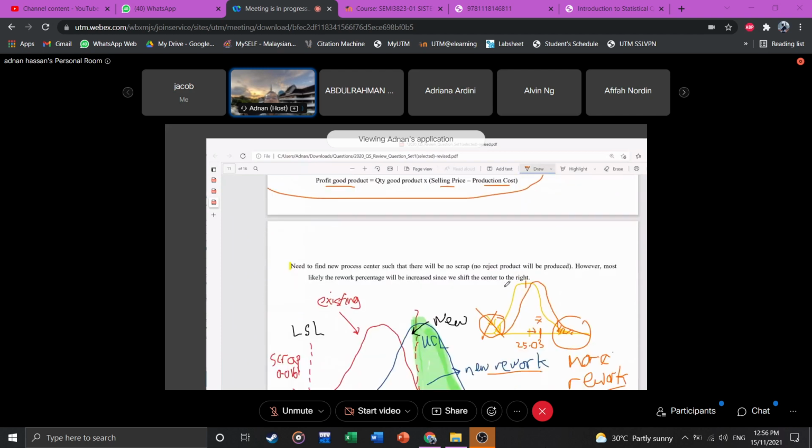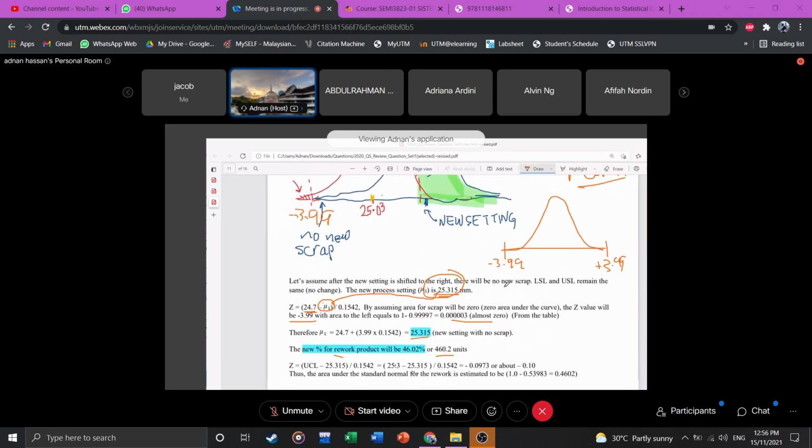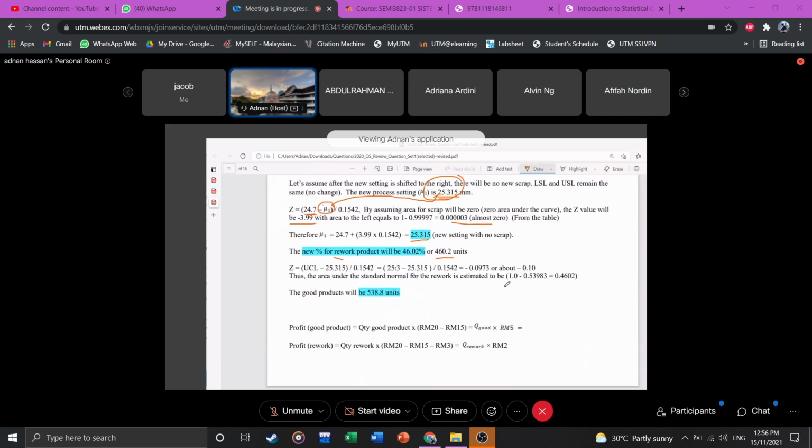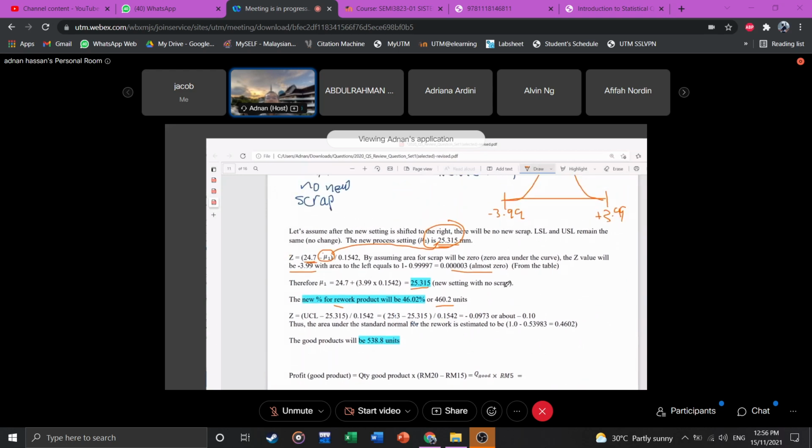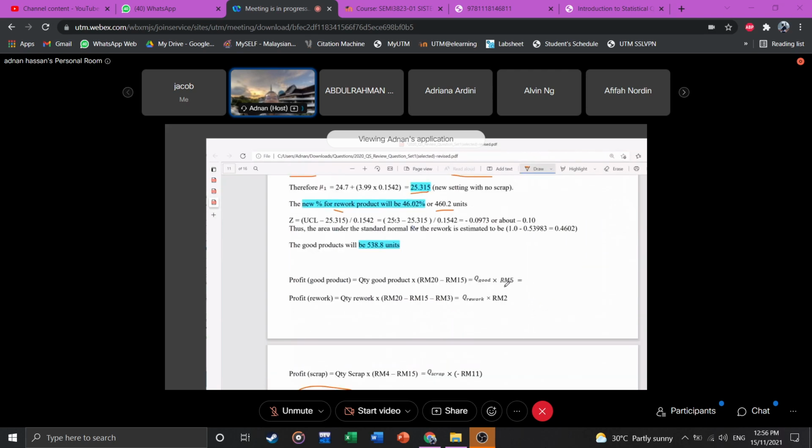Please go through this again to understand how we can use statistics, scrap and rework, and the standardized table to make decisions to maximize the profit.